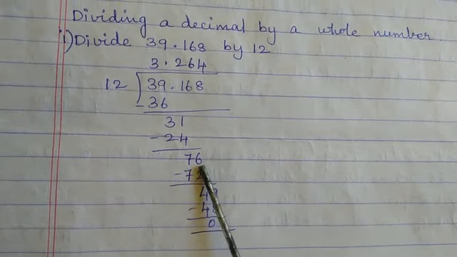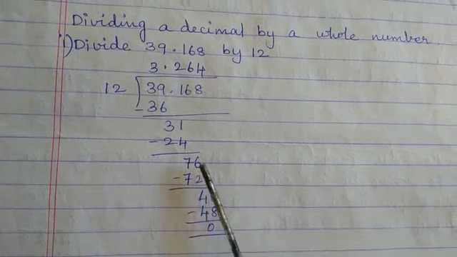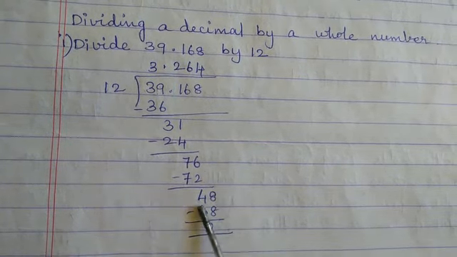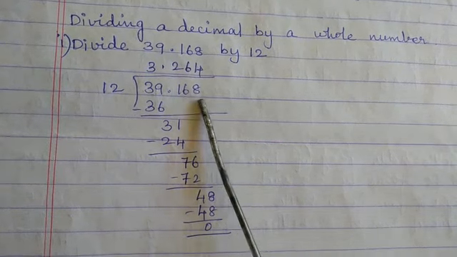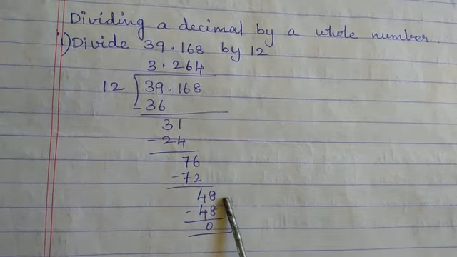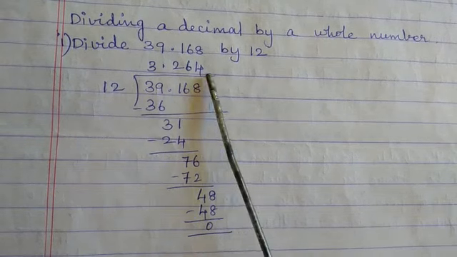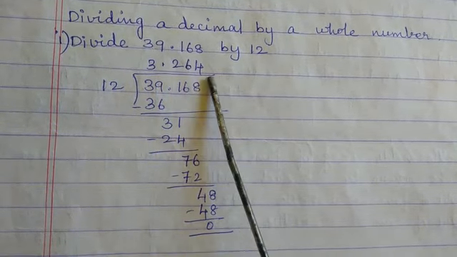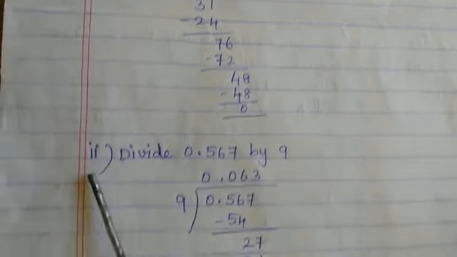Then we bring the next digit, 6, that is 76. 76 divided by 12, 6 12s are 72. Then the remainder is 4. Then we take the next digit, 8, 48. 48 divided by 12 is 4. So the quotient is 3.264.